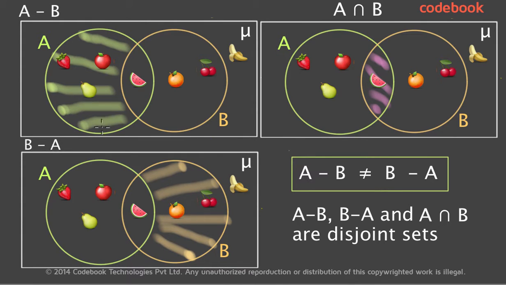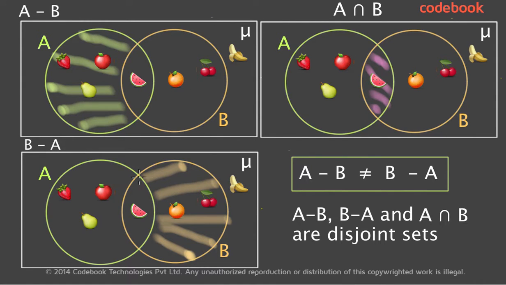If you look at these shaded areas, none of these sets will have any element which is common to each other, right? The green area will have its own fruits, the orange will have its own fruits, and the pink will have its own fruits. There is no common element between these three shaded areas. And if you recall from the definition of disjoint sets, two sets which do not have any elements in common are called disjoint sets.